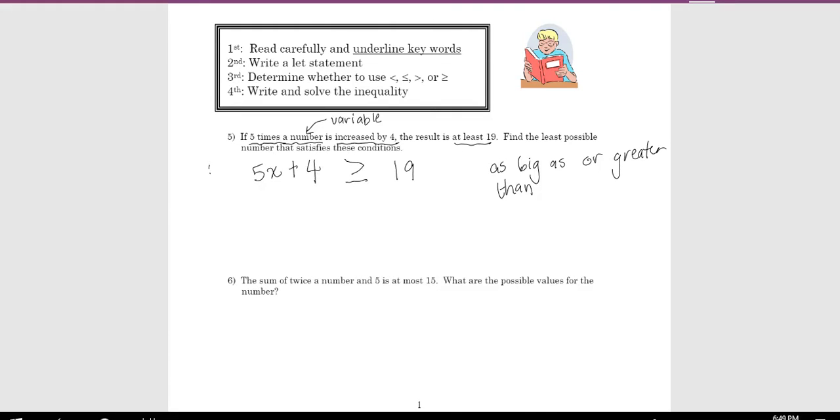The least possible number that satisfies these conditions. Well, we have to solve for the smallest value x can be. We solve inequalities pretty much the same way we solve algebraic equations. We isolate our variable. So I subtract 4 from both sides.